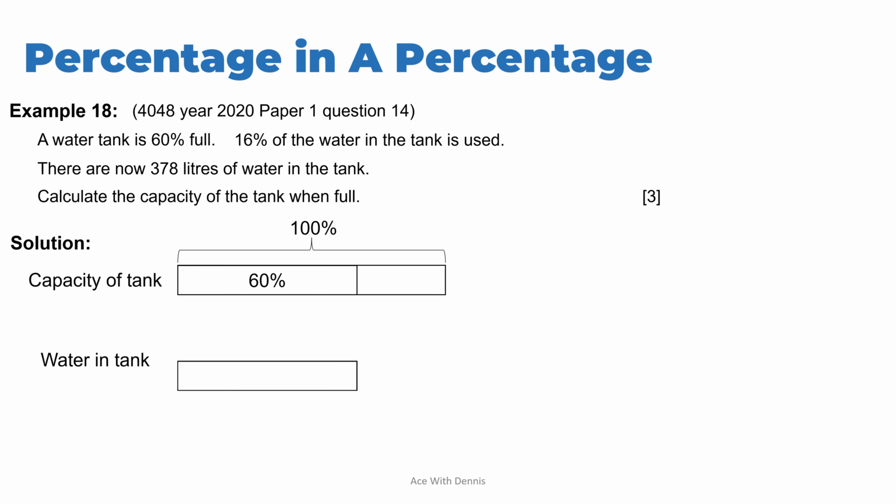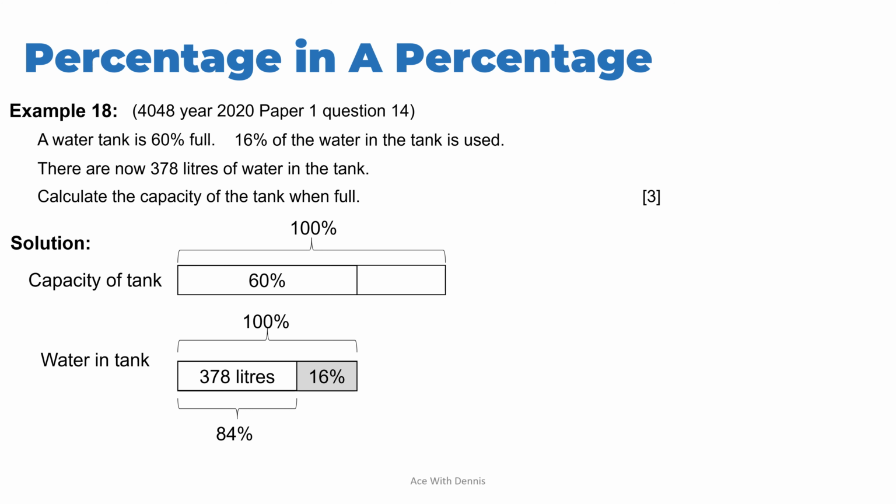So this 60%, we can redraw a separate bar model as water in tank, and now it is used as the reference quantity, which is 100%. So in the question, 16% of the water is used. Remaining is 378 liters. So this is 84%.